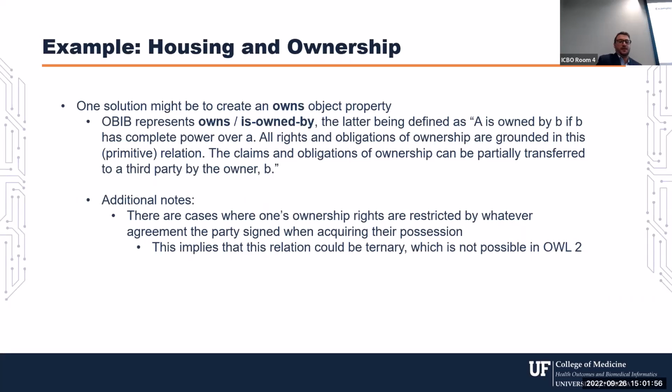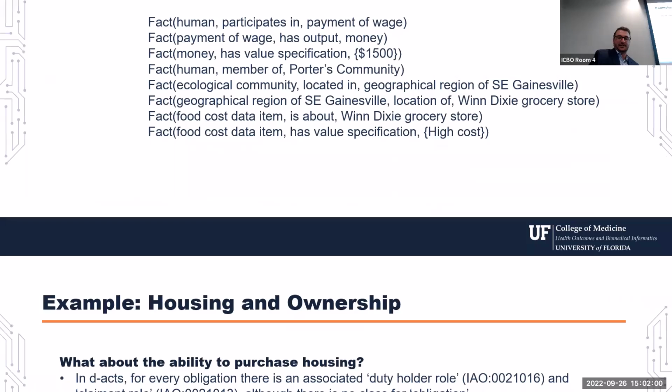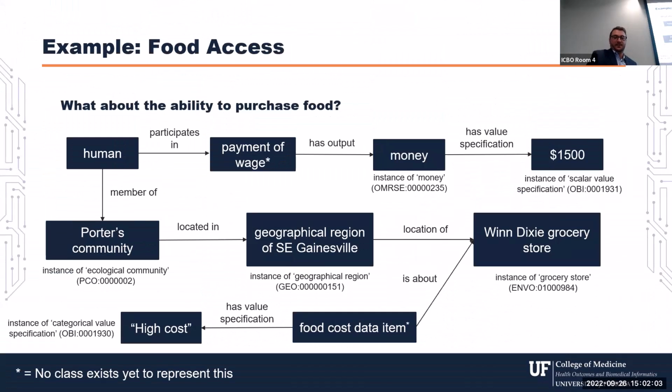Yeah, so in one of my previous examples, the one I wasn't able to get to with food access, there was one of the studies I mentioned earlier that looked at food deserts. They actually categorized grocery stores based on their cost of food as being high cost, medium cost, low cost, so they have categorical values that they use for that.